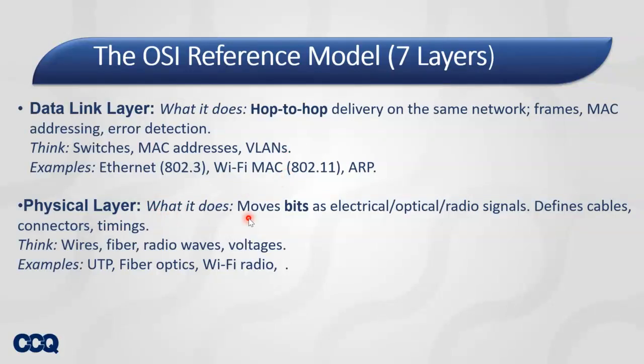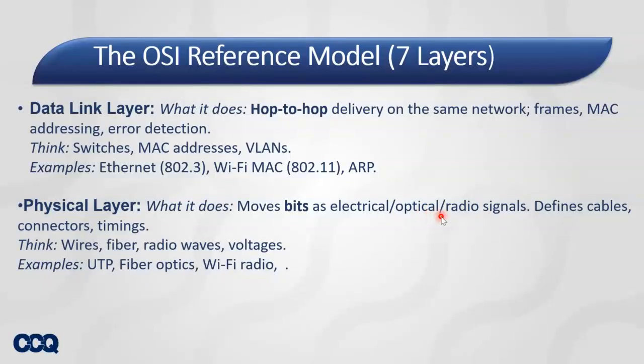The physical layer moves the bits, converting the bits to an electrical, optical, or radio signal to pass through the physical medium. It converts to an electrical signal to pass through UTP, an optical signal to pass through optical fiber, or a radio signal to pass through the wireless medium.